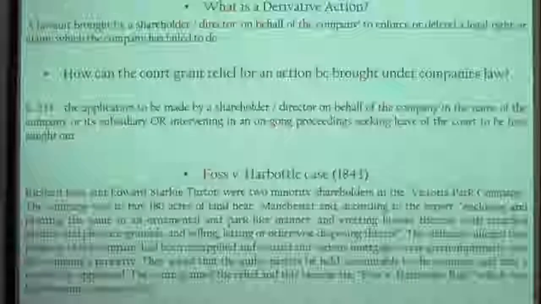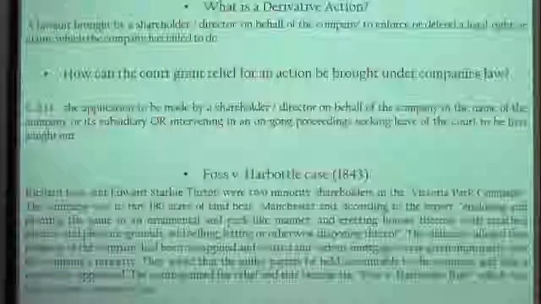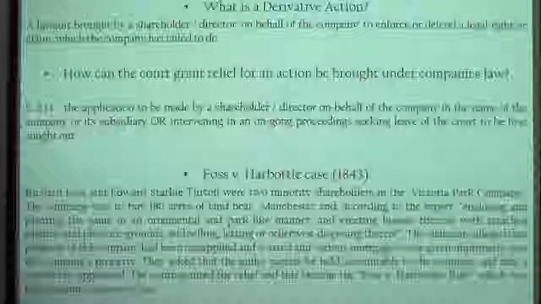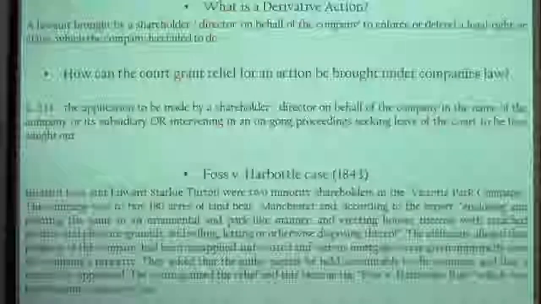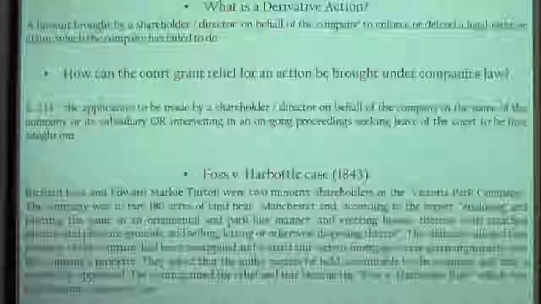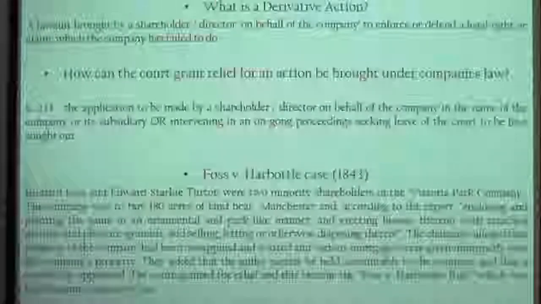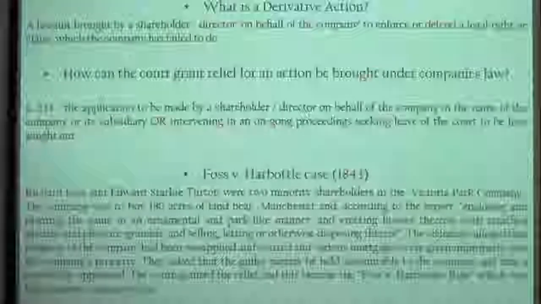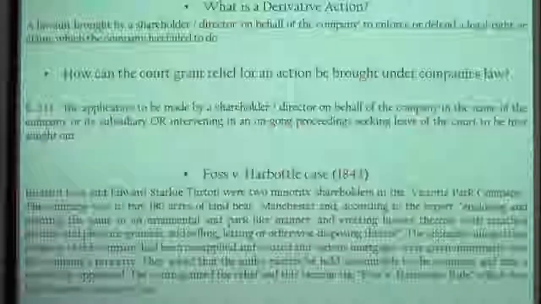So, let me again remind you that a certain petitioner, either a shareholder or a director, is appearing in the name of the company and on behalf of the company to safeguard the company's interests from those who are responsible, such as another shareholder or director or several other parties.